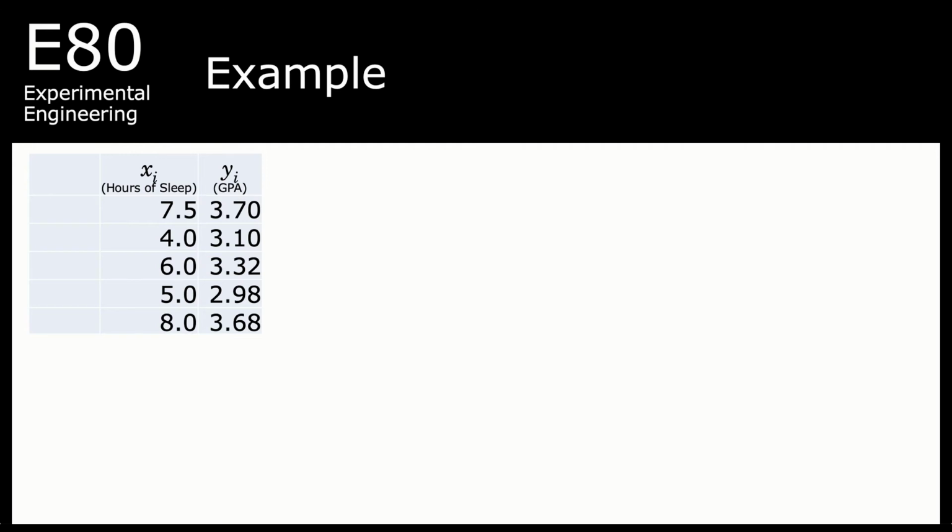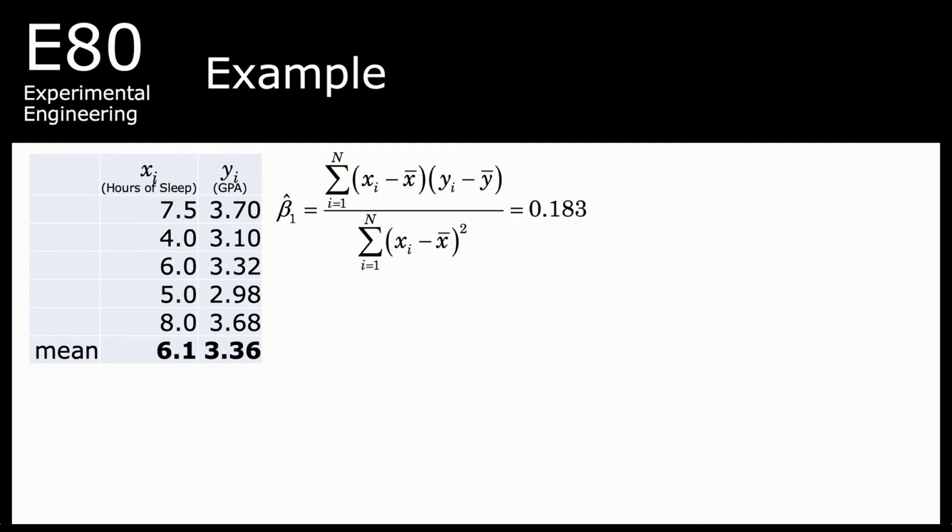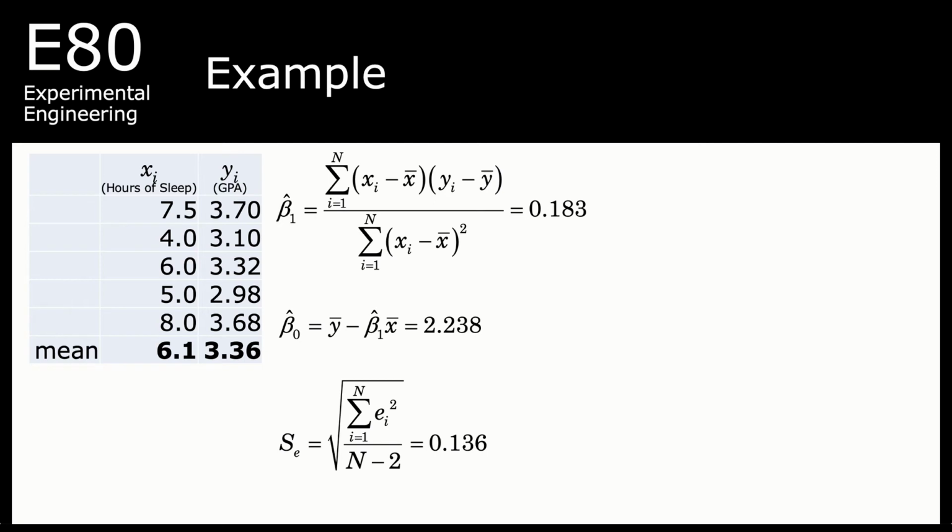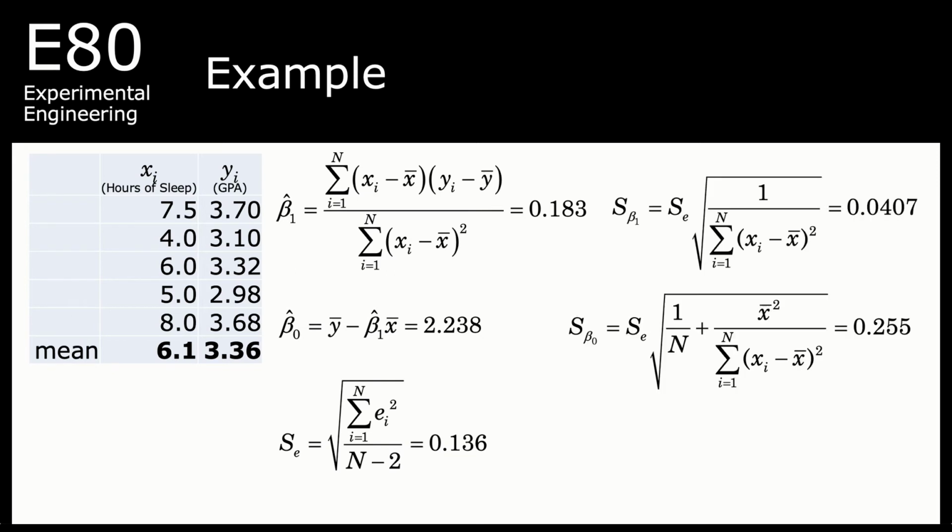The formula requires x bar and y bar, which calculate out to 6.1 hours of sleep and a GPA of 3.36. From these, the best fit slope, beta hat 1, is 0.183, and the intercept, beta hat naught, is 2.238. The root mean squared residual is 0.136, and the standard errors are 0.0407 and 0.255 respectively.